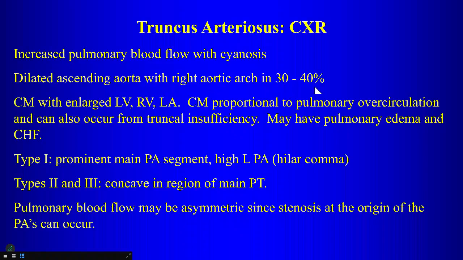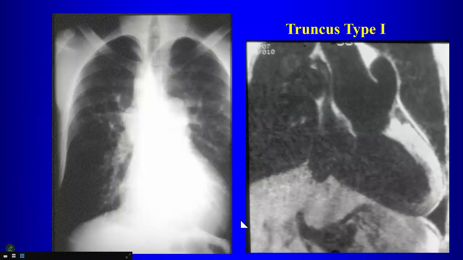Right arch in about 30 to 40% of cases, cardiomegaly. With the type 1, when there is a main pulmonary artery, there will be a big pulmonary artery. But if there is no main pulmonary artery, if the right and left pulmonary arteries come off as separate branches, then you will not see a main pulmonary artery. Okay? And it's also common to have stenosis at the origin of the pulmonary arteries in these cases.